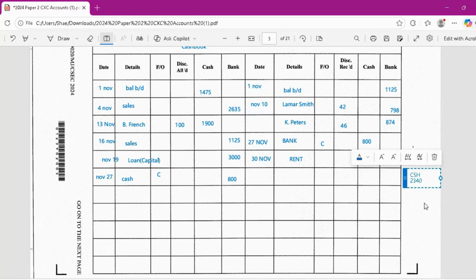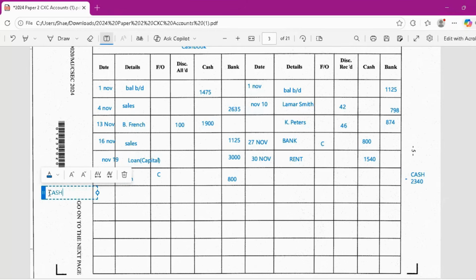And for our credit side, we have cash of 3,375. Then for our bank debit side, we have 2,635 plus 1,125 plus 3,000 plus 800, which gives us 7,560.